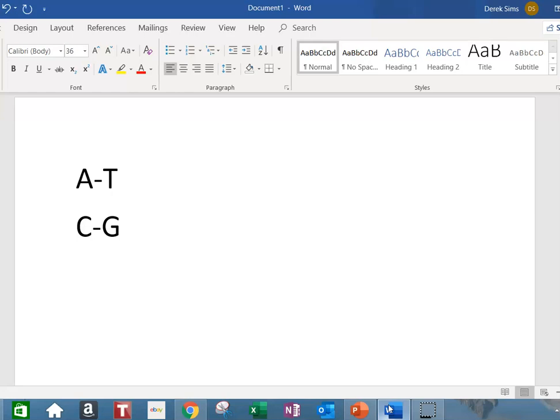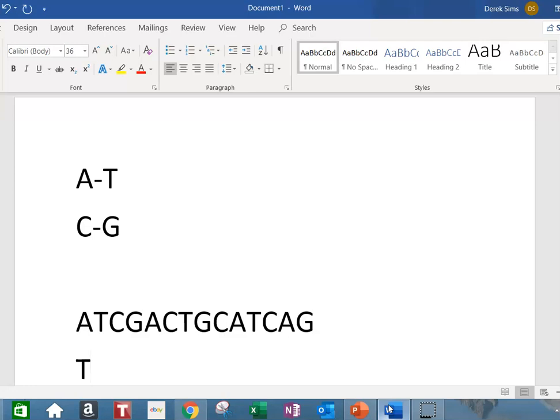So let's make a theoretical DNA strand here. Let's say that's one of our strands of DNA. Remember, DNA is a double-stranded molecule, so if our first strand reads what it does, what would the second strand read? Remember our pairing rules. A's match T's, C's match G's. So if we have an A in strand 1, we would have a T in strand 2.